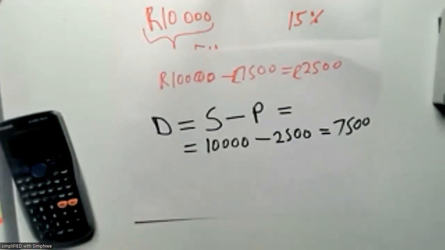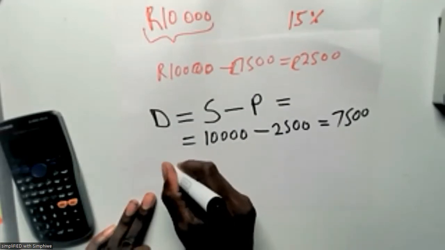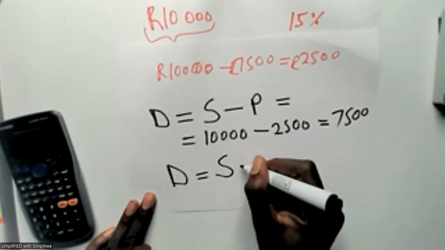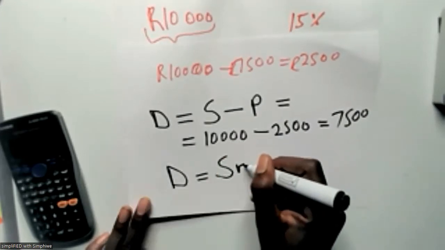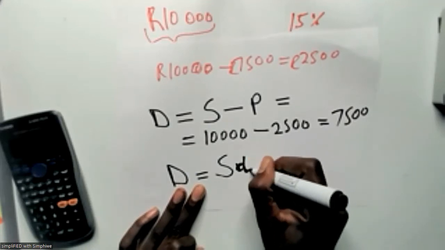And as you can see here, the formula for discount is whatever you get in future minus the interest, but no longer the interest. Now we call it D, the discount rate.